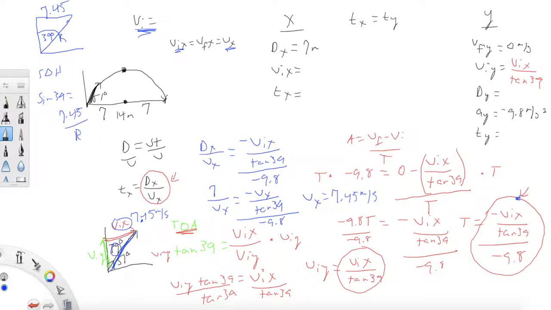If I multiply each side by r, I get r sine 39 is equal to 7.45. And if I divide each side by sine of 39, I get r is equal to 11.84 meters per second. And that is going to be your final answer.